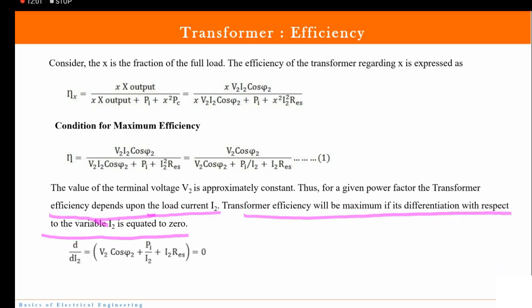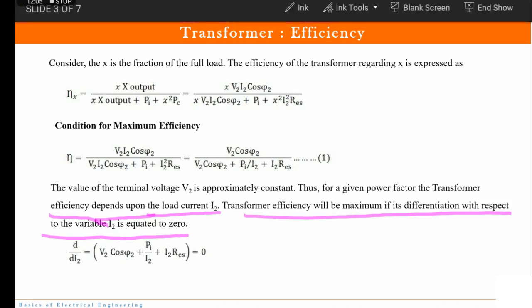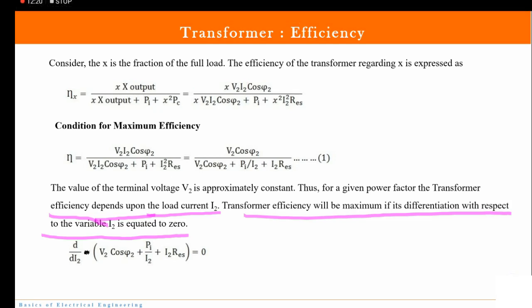Fine. So we will differentiate it and we will equate it to 0.